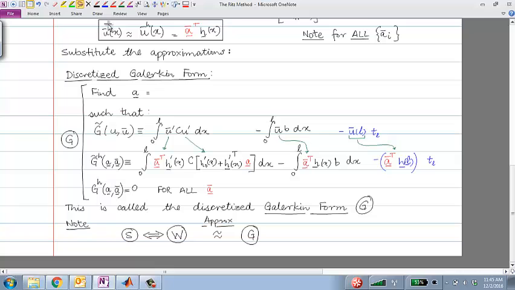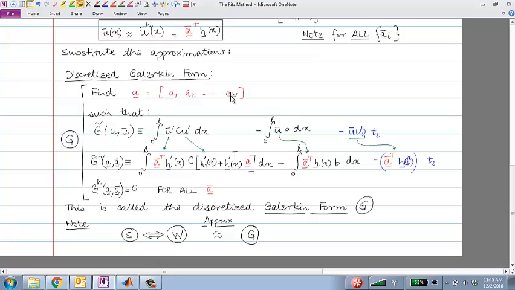And we are going to try to find the real coefficients a, this vector, which is equal to a1, a2, and so on, an. These are the unknown coefficients that we are trying to find. So we'll find a coefficients such that this G functional goes to 0 for all possible a bar coefficients.